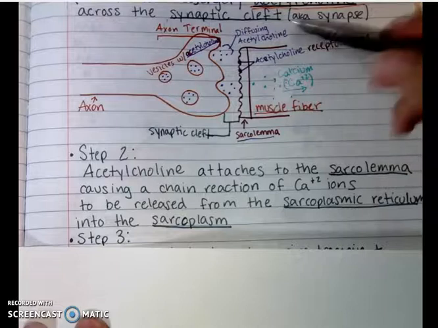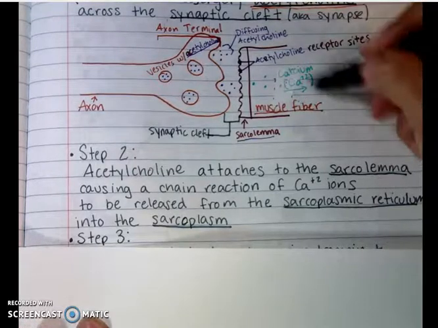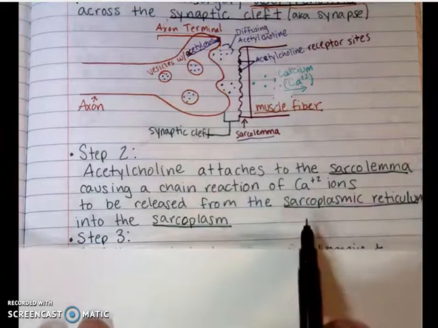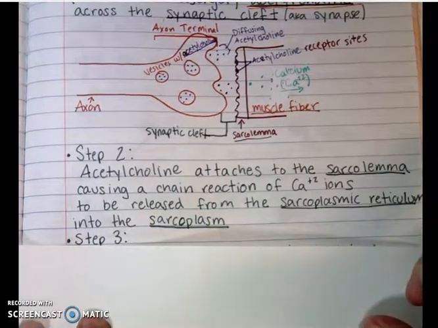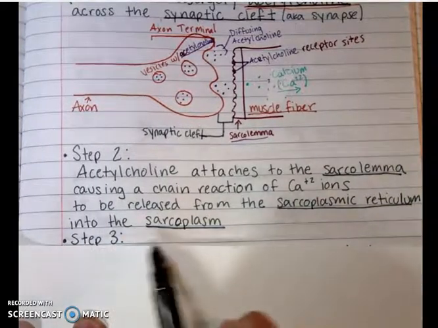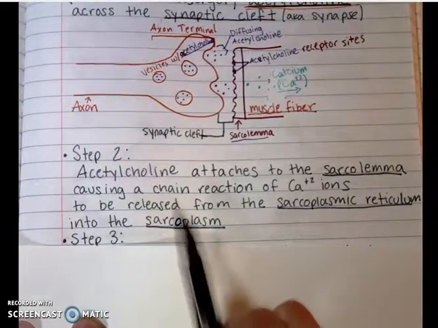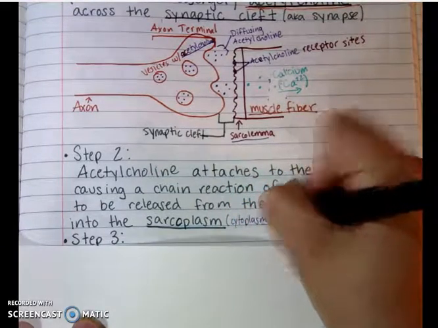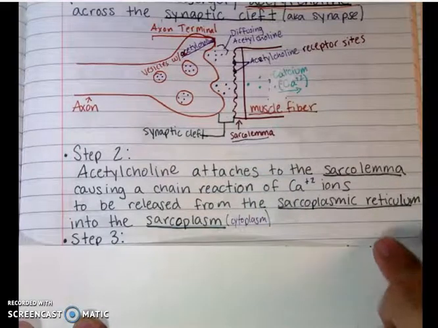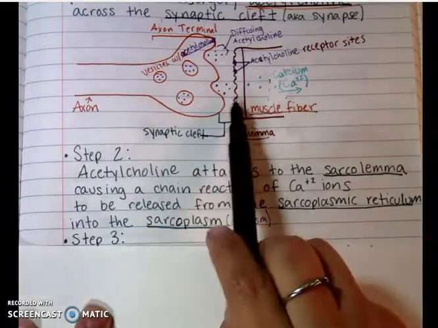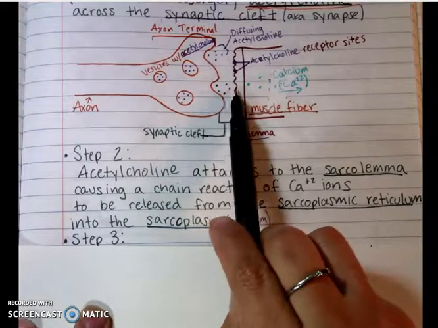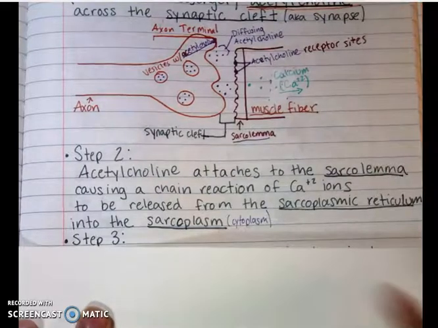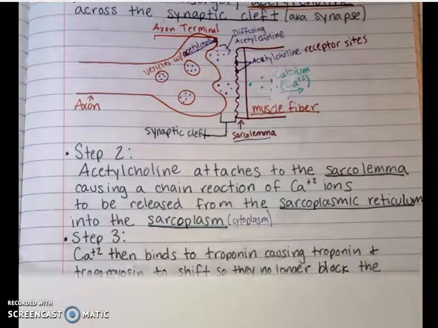That's going to cause calcium ions to be released from the sarcoplasmic reticulum, so the ER, into the sarcoplasm, which is the goo, the cytoplasm of the cell. So we've had the messenger released, then it attaches to the cell membrane, and this causes the release of calcium ions, and that brings us to step 3.